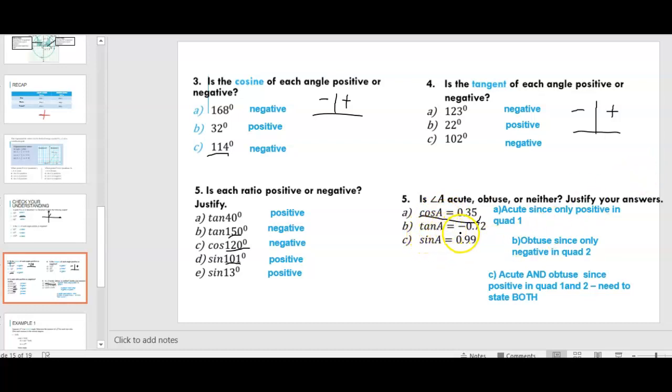Tangent of angle A equals negative 0.72. Tangent is negative on the second quadrant. Therefore, angle A must be an obtuse angle. Sine of angle A equals 0.99. Now, sine is positive on both quadrants, right? That's what we said. Sine is positive in both quadrants. That means that angle A can be both acute and obtuse.